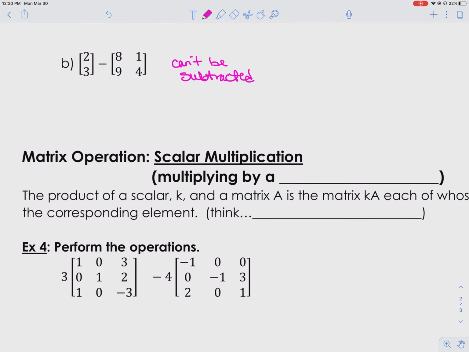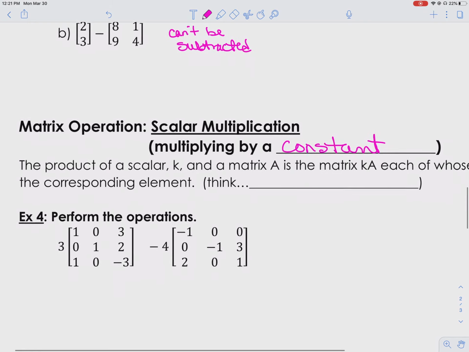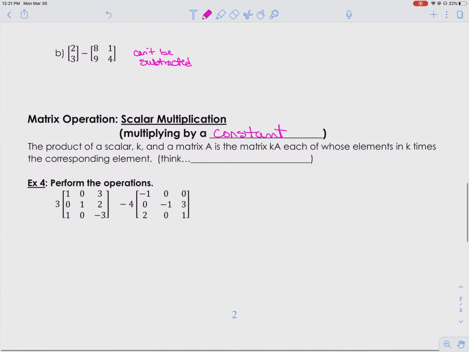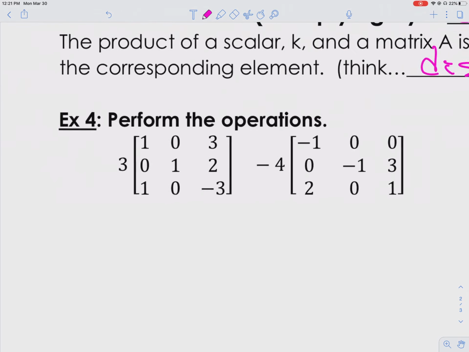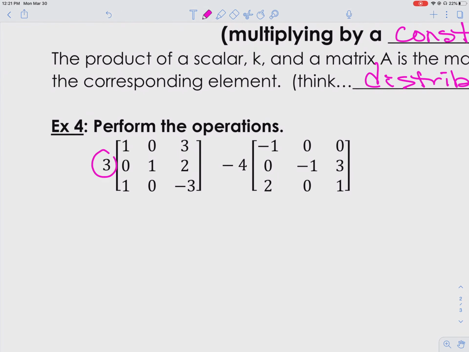There's two kinds of multiplying. One is called scalar multiplication, and it's just multiplying by a constant. Basically, I want you to think of distribution when you're doing scalar multiplication. So I'm going to take this 3 and multiply it by that whole matrix.